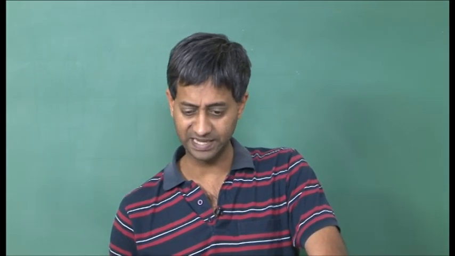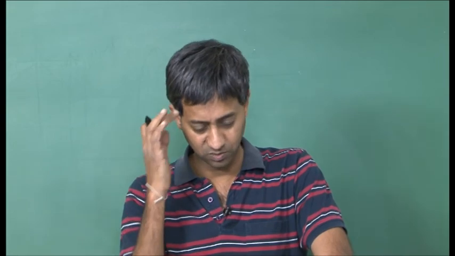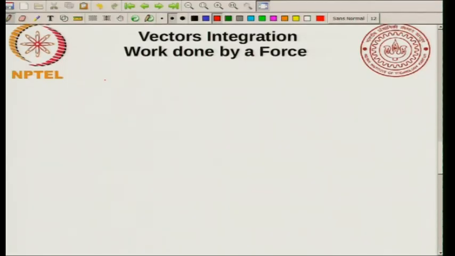We will take an example of calculating the work done by a force. So, the idea is that suppose you have a force F, which is a vector field, a function of x, y, z. And due to this force you displace a particle. Imagine that you have a particle that is moved by this force.